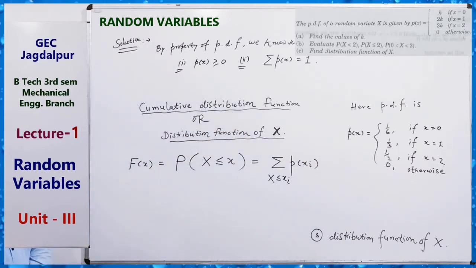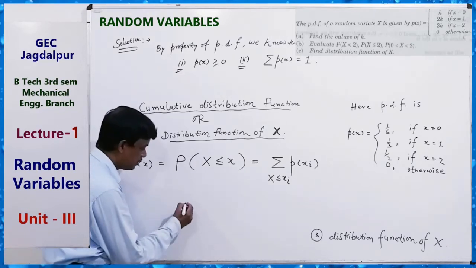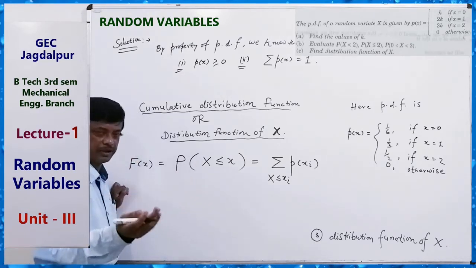Clear? For example, suppose x1, x2, x3, x4, x5.